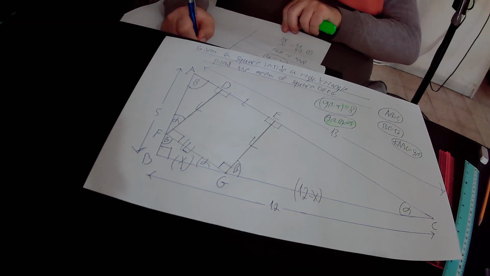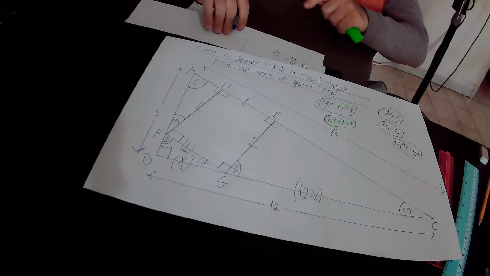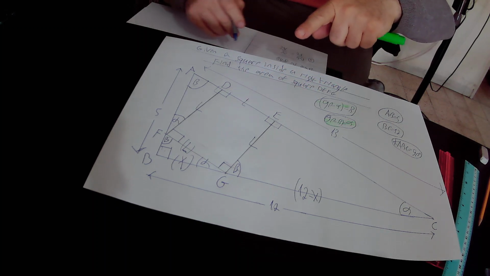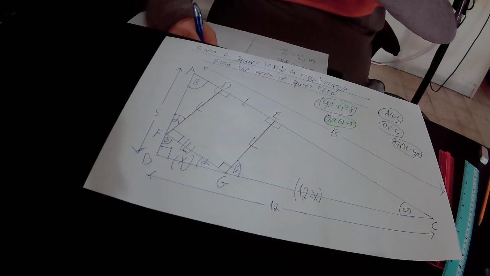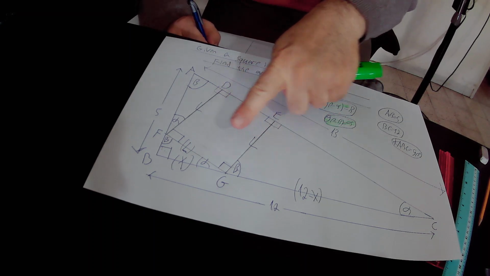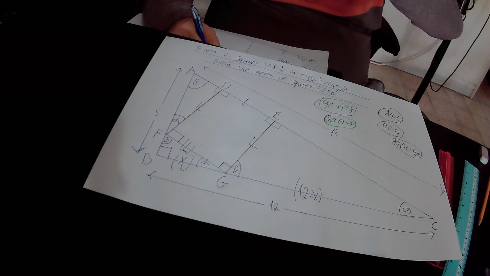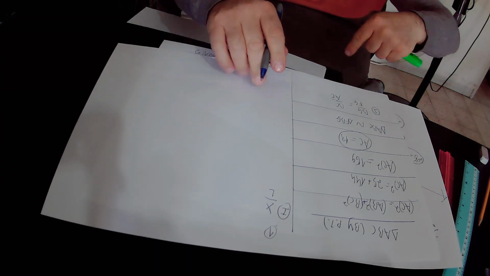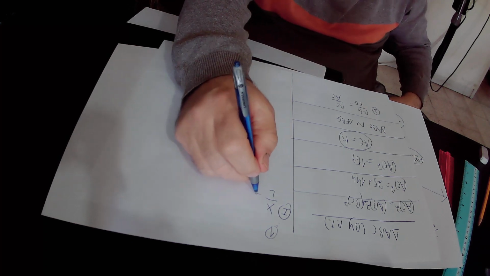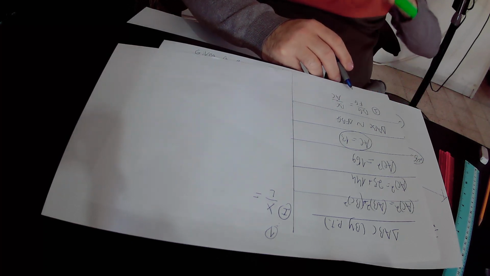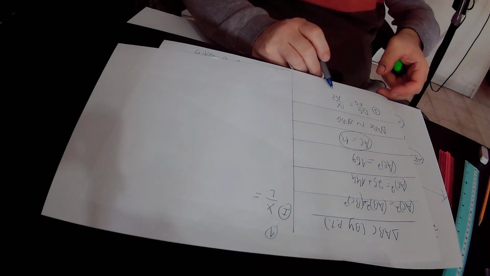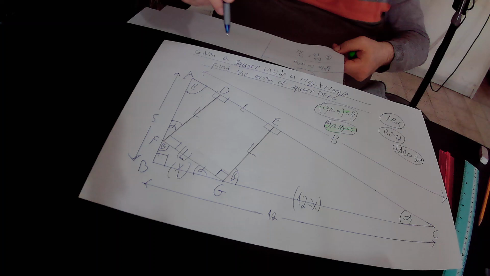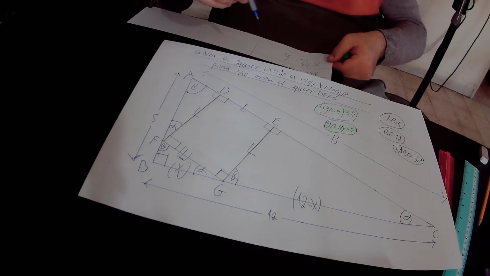So according to equation 1, BG over FG. BG is x and FG is L. So in total, BG over FG is x over L. And according to equation 1, it equals BC over AC in the big right triangle ABC.